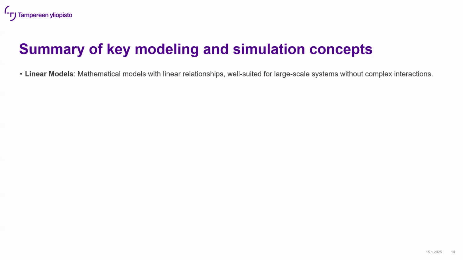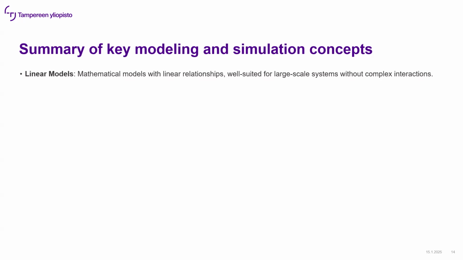So these linear models, linear optimization, linear programming, mathematical models with linear relationship, well suited for large-scale systems without complex interactions. And even though in some cases your model incorporates polynomial fits, it doesn't mean that it's not per se a linear model, because you're tracking only the variables that affect the outcome in the calculations.